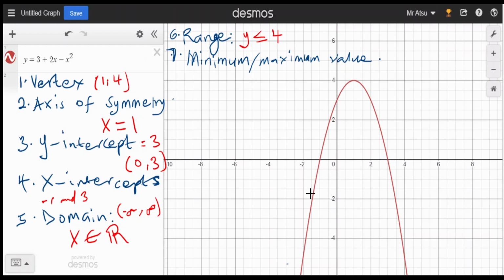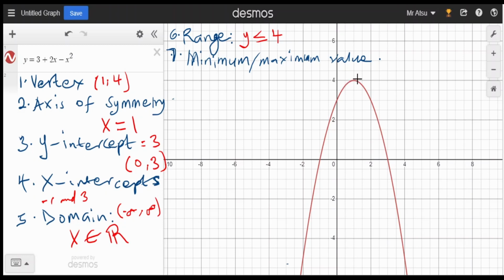Since the parabola can go as low as it likes, there is no minimum value. Remember, we said it here. However, it can only go as high as 4.